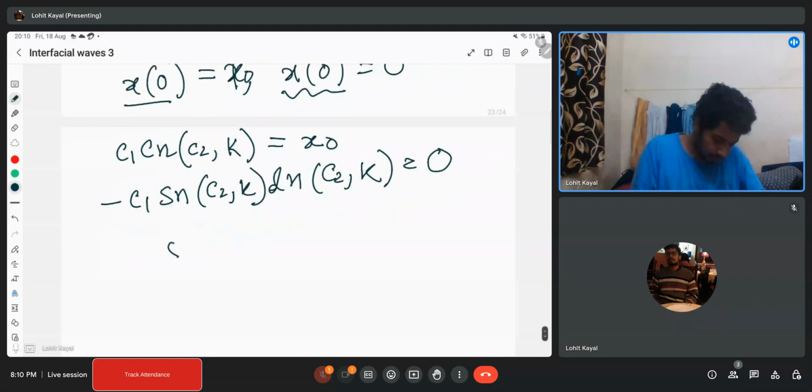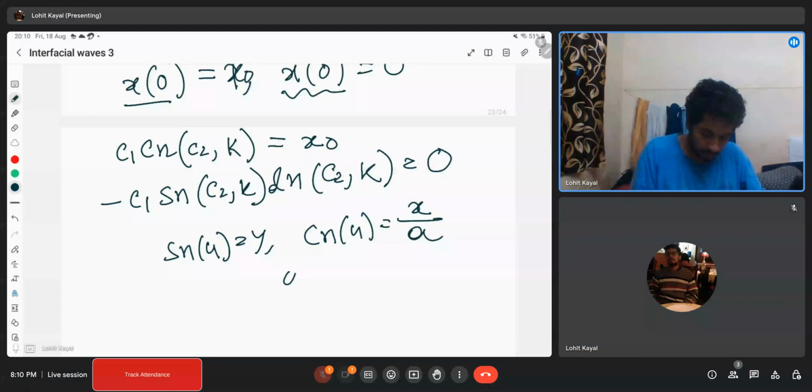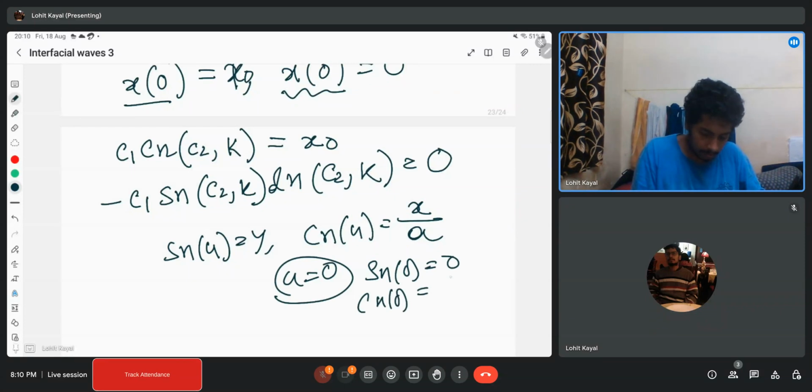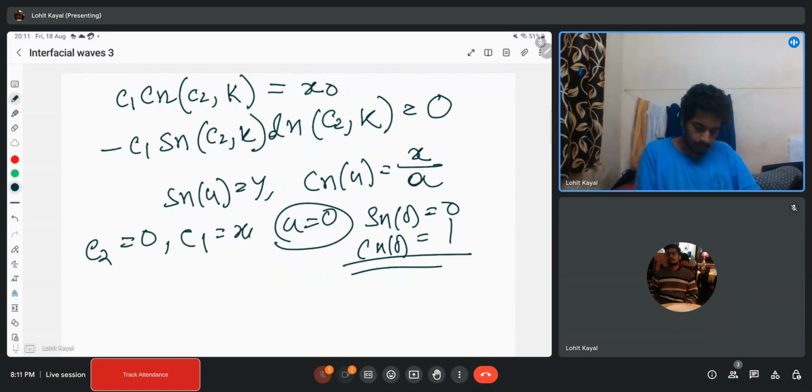Now from the definition we have sn u equal to y, cn u equal to x by a. Now when u equal to 0, then sn of 0 equal to 0, cn of 0 equal to 1. So I can write this expression as c2 equal to 0, c1 equal to x naught.